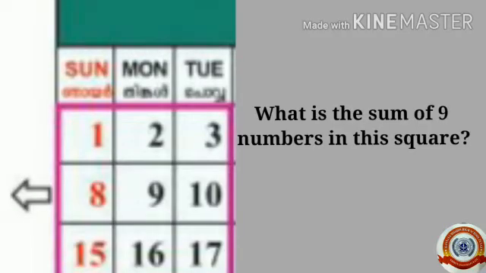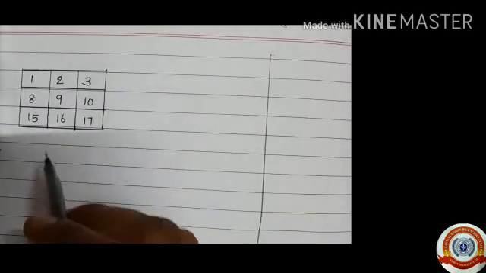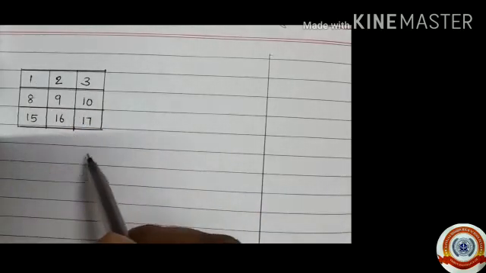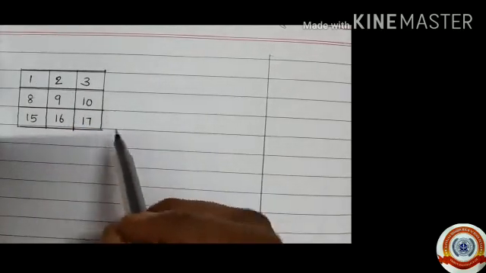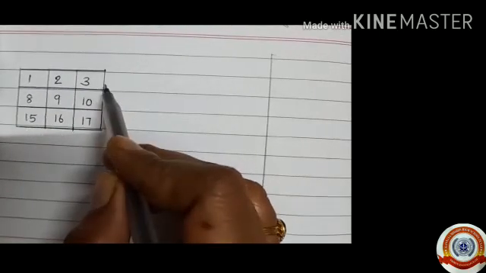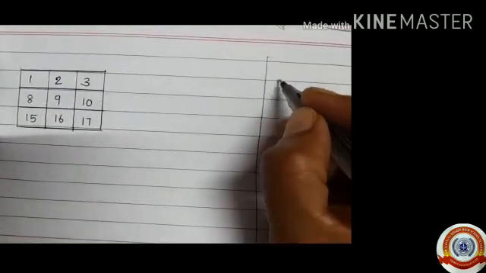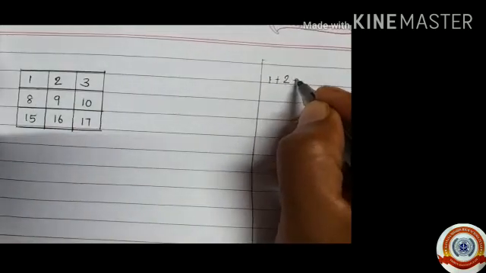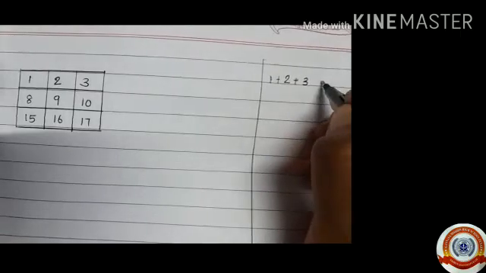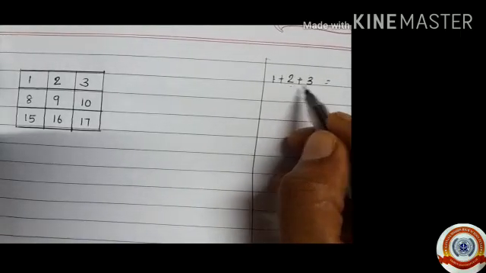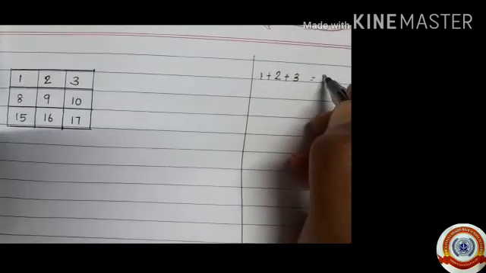Next, can you find the sum of the 9 numbers in the square? Let's find the sum of the numbers in this square. At first, we have to find the sum of the numbers in this row. That is 1 plus 2 plus 3. 1 plus 2 equals 3, plus 3 equals 6.